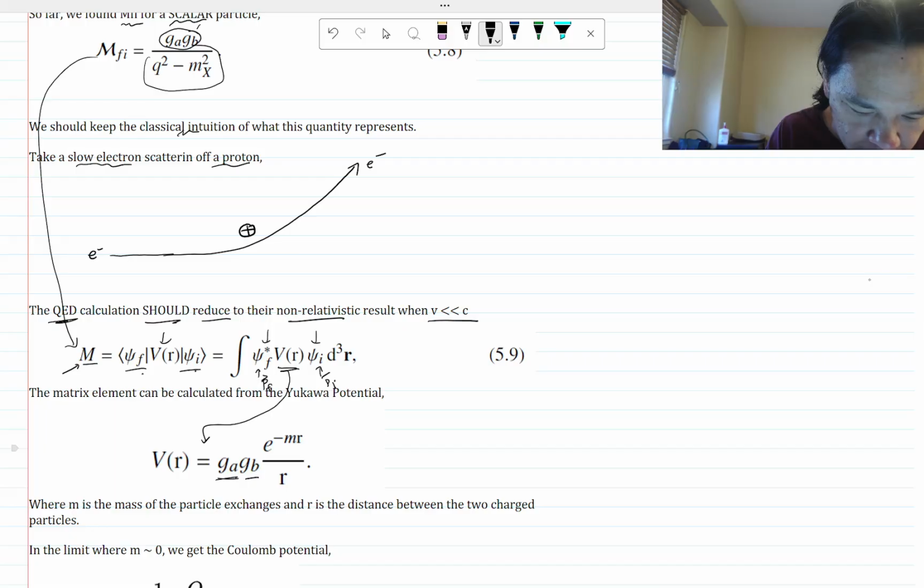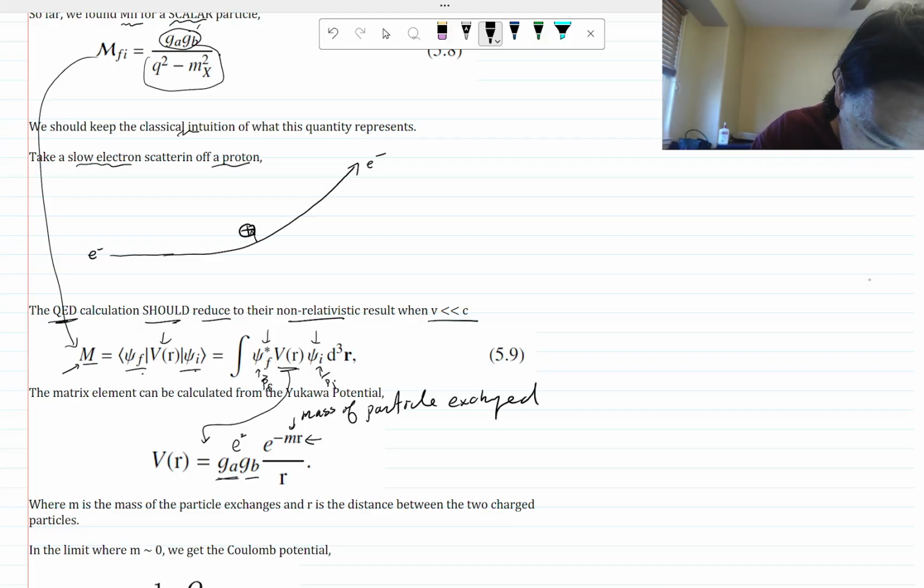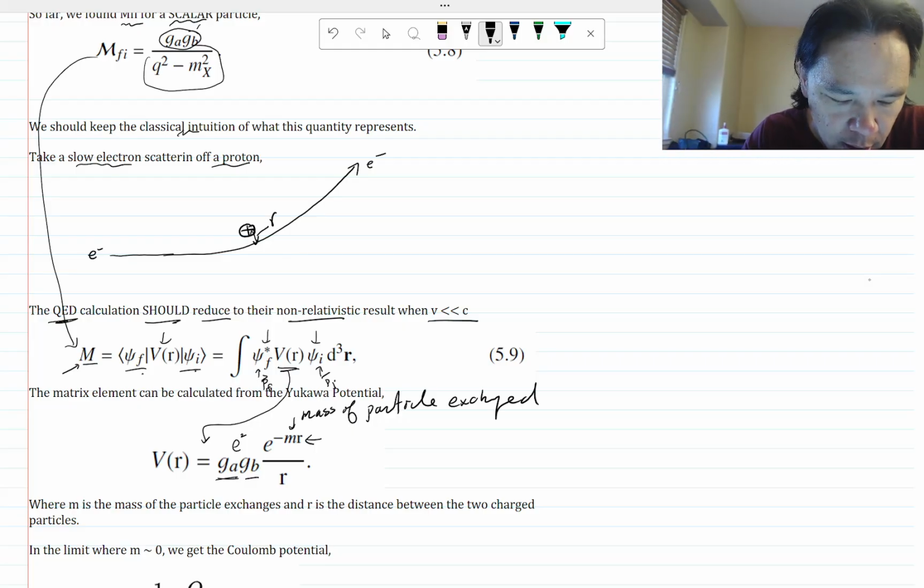But in most cases, this will just be the elementary charge squared, and e to the minus i m r, where m is the mass of the particle exchanged, and r is the distance between the electron and the proton.